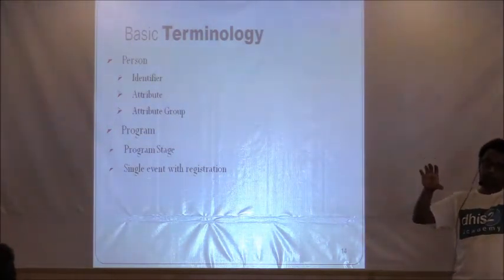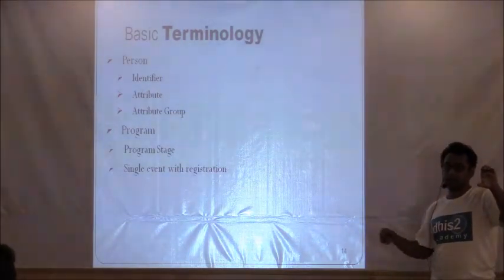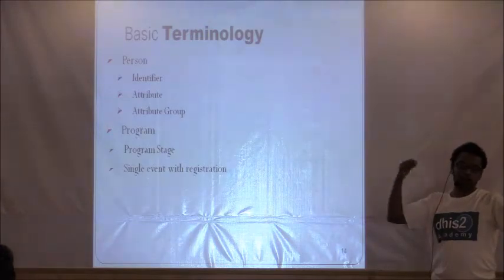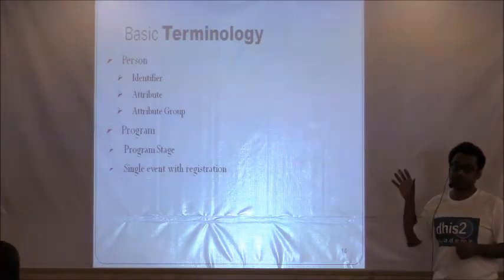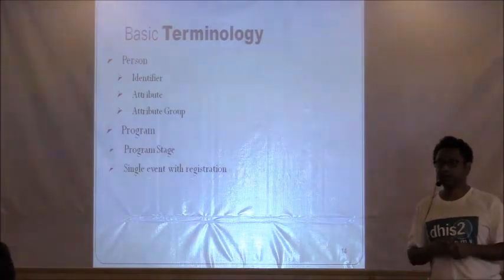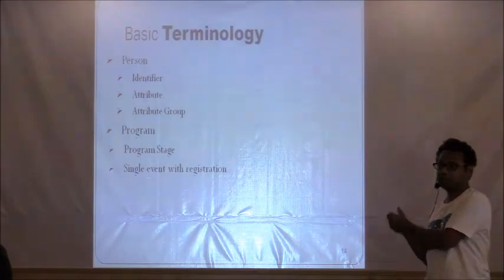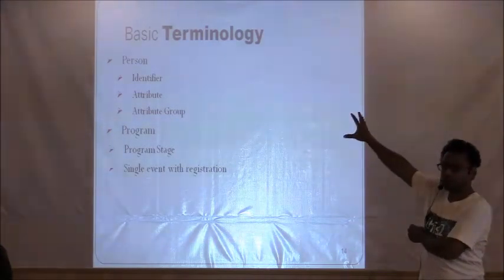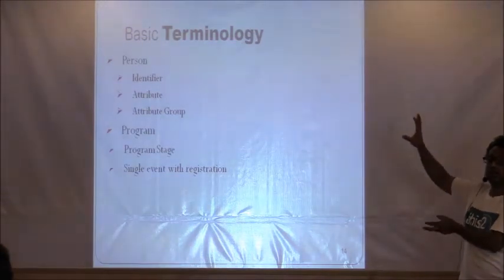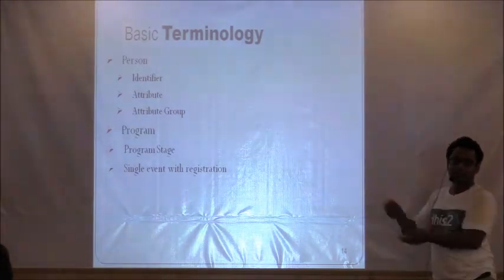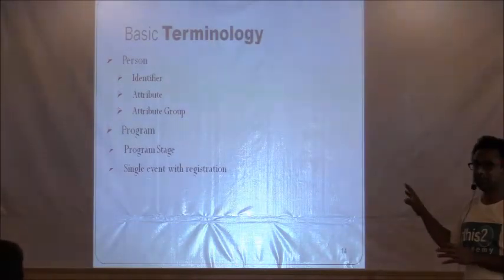You can have educational as an attribute group, and include what their education status is, and all other things you can put there. Okay? Attributes, attribute groups, identifiers, all relate to the person object. Just tell me if I'm being too technical, but we are just talking about a few different concepts to go through. Okay? It's fine?